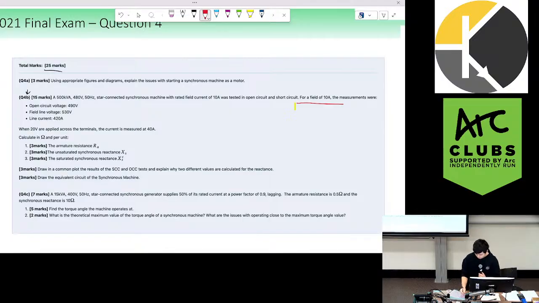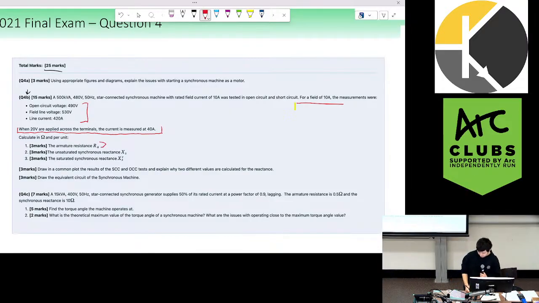The measurements were as follows: the open circuit line voltage, the short circuit line current, and one more piece of information, a DC excitation of the armature, so a DC test as well. So we've got all three tests sitting here for some information.